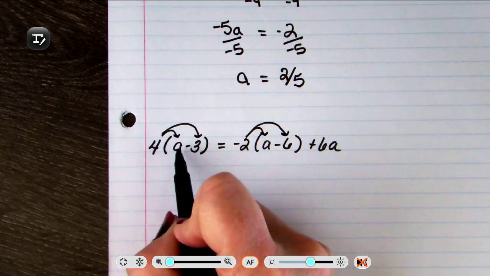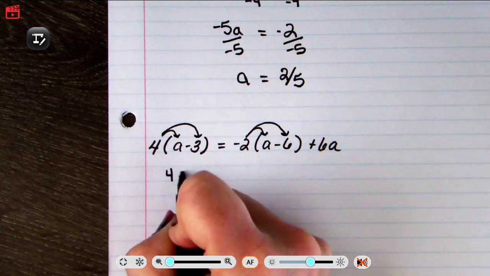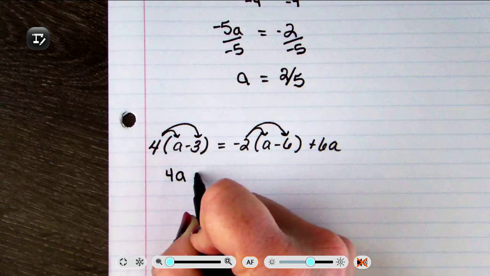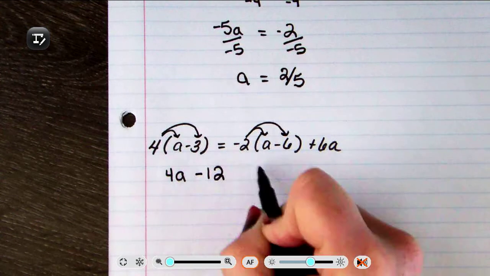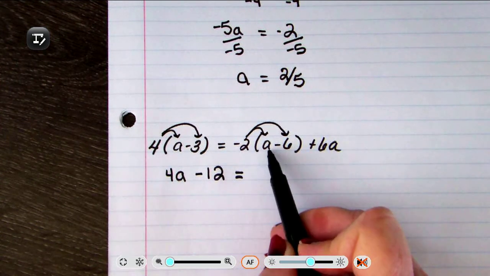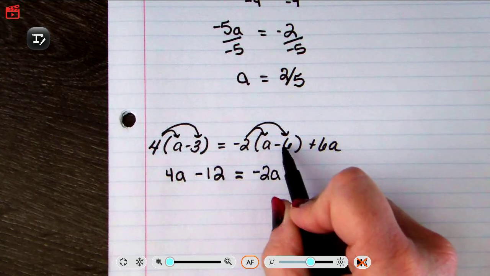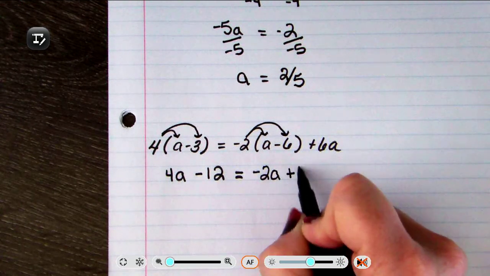So we have distributing here, 4 times my 1a is 4a. 4 times a negative 3 is negative 12. There's my equal sign. A negative 2 times a is negative 2a. Negative 2 times a negative 6 is a positive 12.